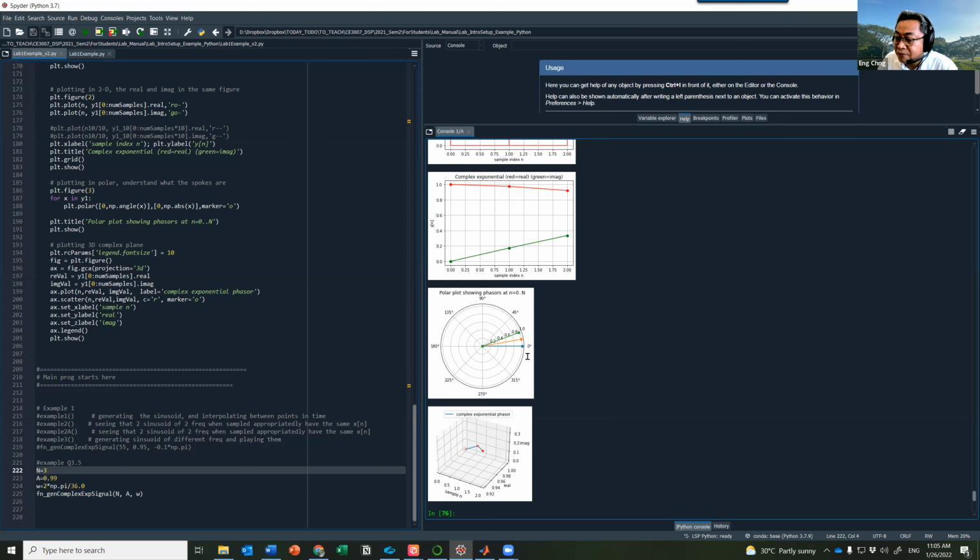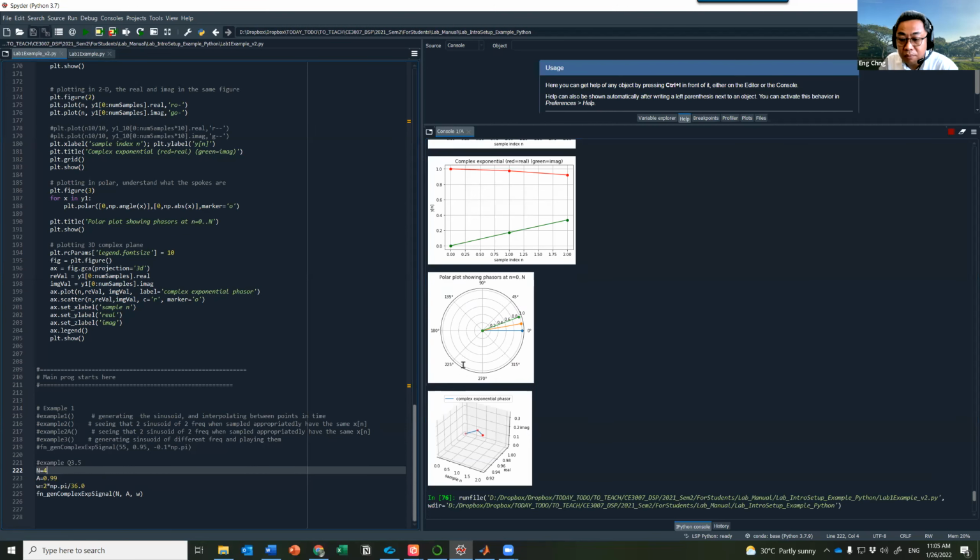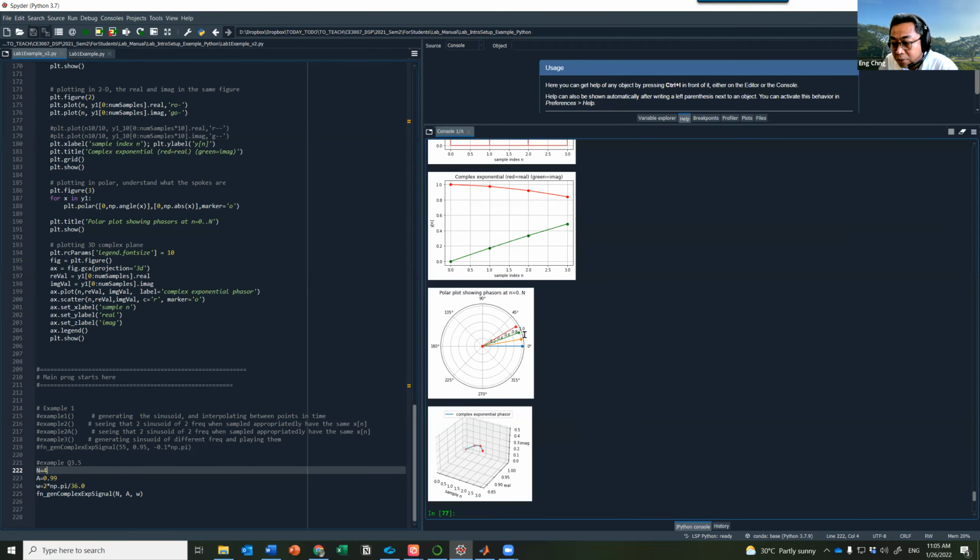The blue one is the first point, the orange is the second point, Y0, Y1, Y2. Do you agree? So I'm now going to plot the 4th point. Can you see the red point?